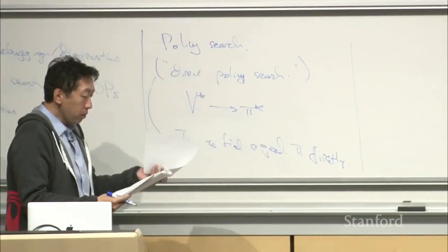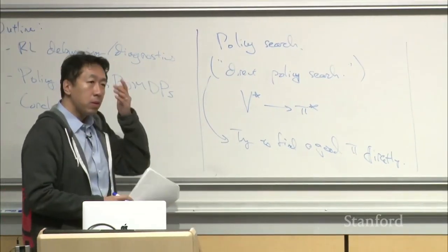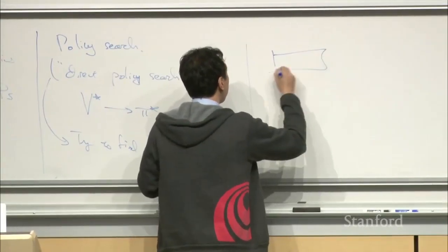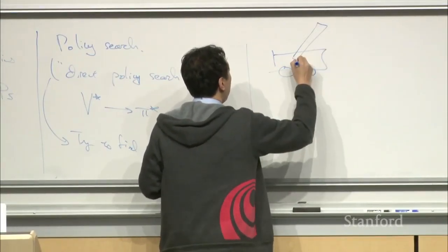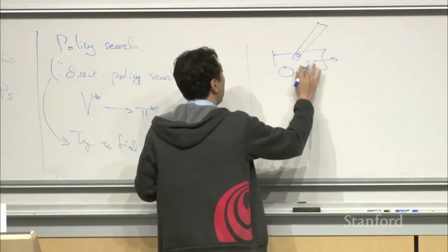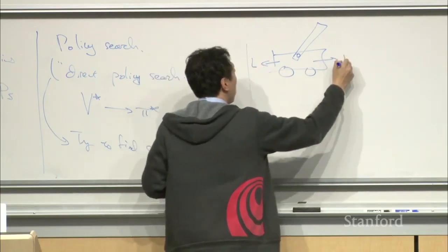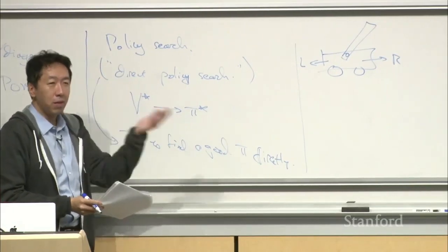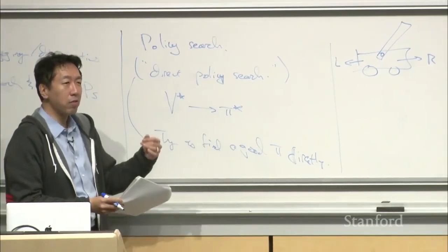So let's see. I'm going to use as the most fitting example the inverted pendulum. Right, so that is that thing with a free hinge here. And let's say your actions are to accelerate left or to accelerate right. Right, and you could have stay still, strong accelerate left, strong accelerate right.